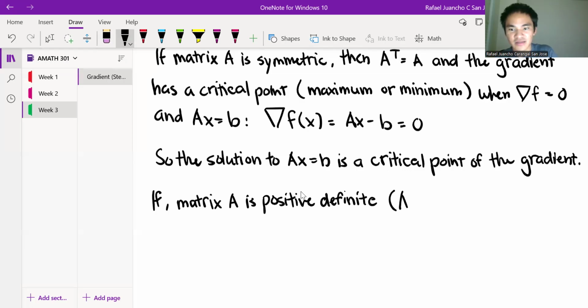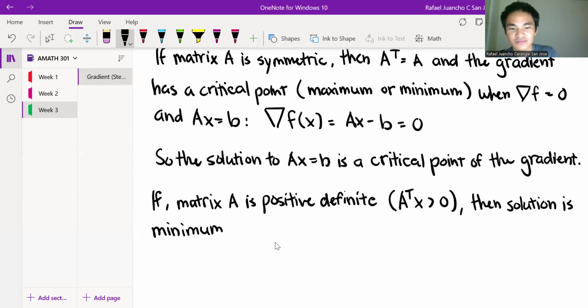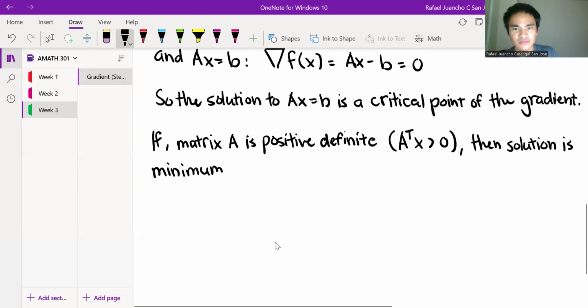Well, it just means that x transpose A x is greater than 0. Then the solution is a minimum. And I think it's vice versa. So it's a minimum of my function.